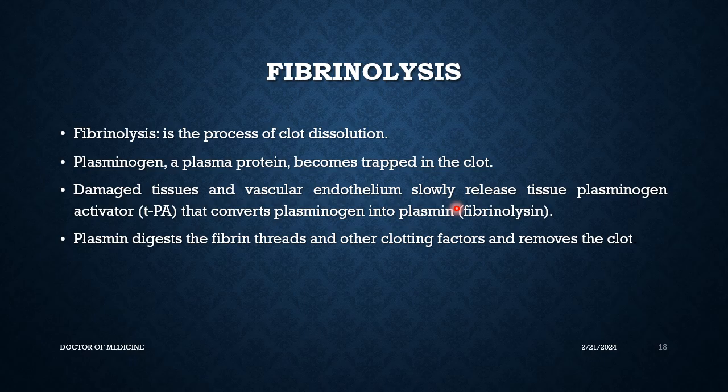It was inhibited by a tissue plasminogen activator inhibitor, and that inhibitor is inactivated by protein C. Then the tissue plasminogen activator will convert plasminogen into plasmin, also known as fibrinolysin, because we want to lyse the fibrin strands. Plasmin will digest the fibrin threads and other clotting factors and remove the clots. So that's essentially the process of fibrinolysis.